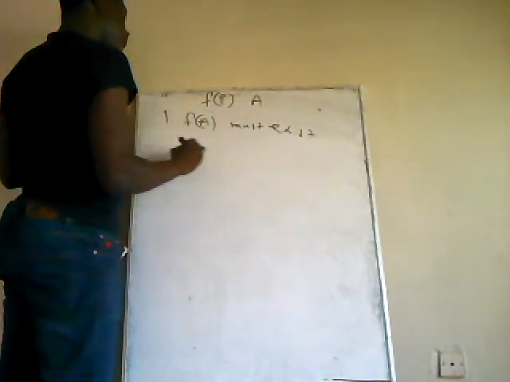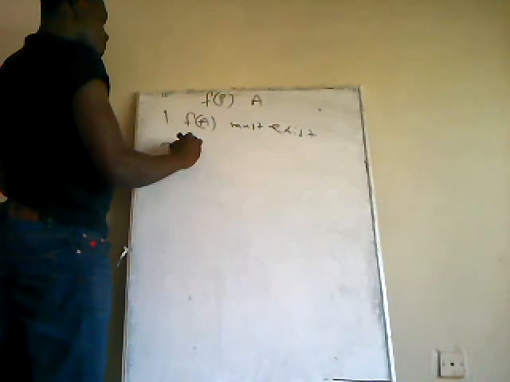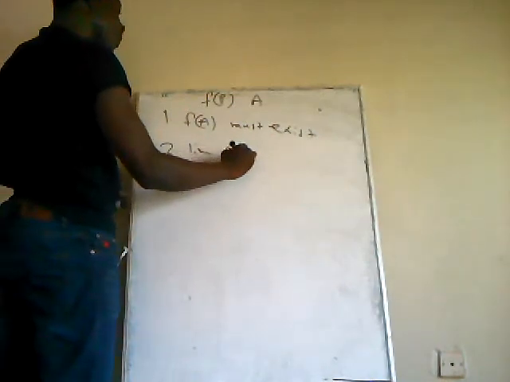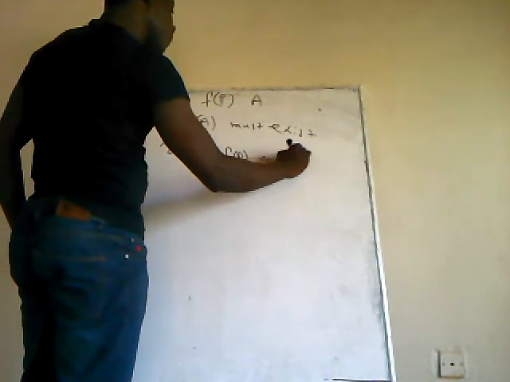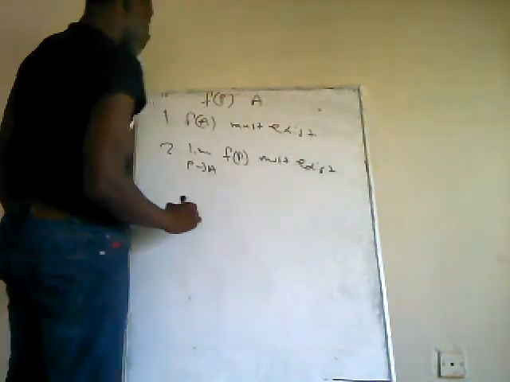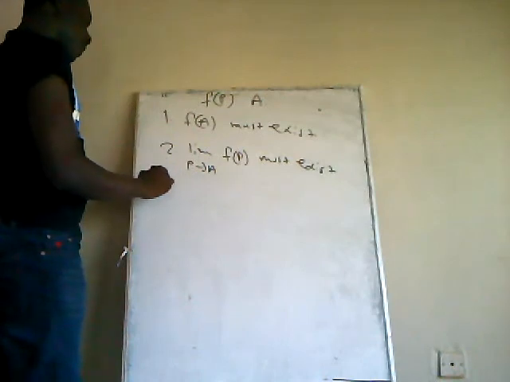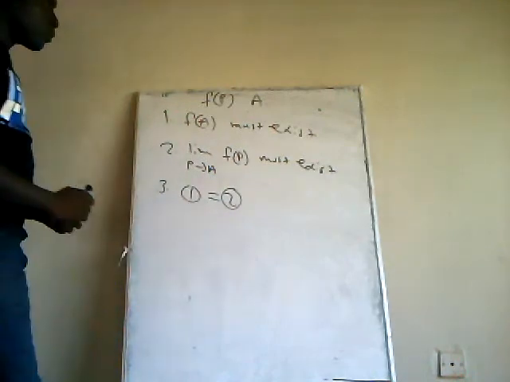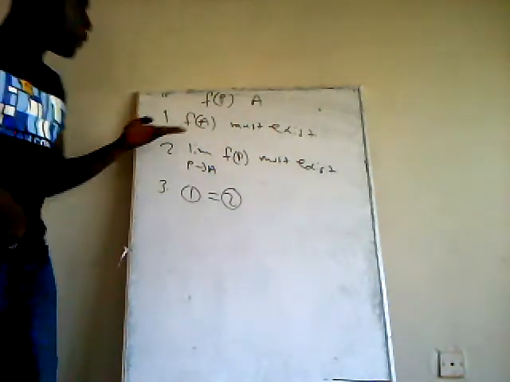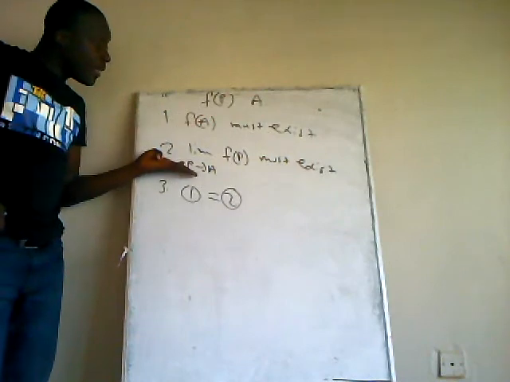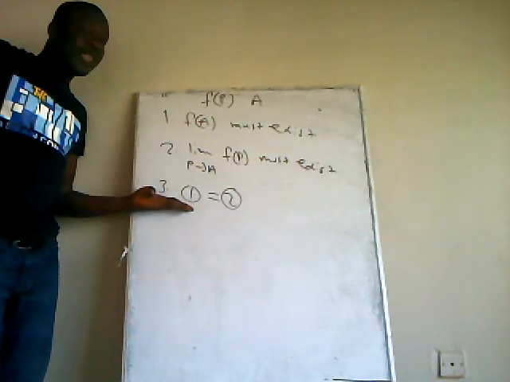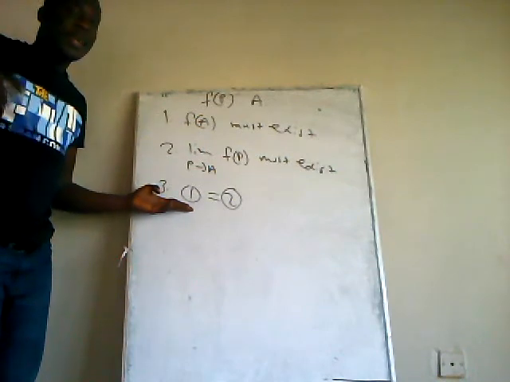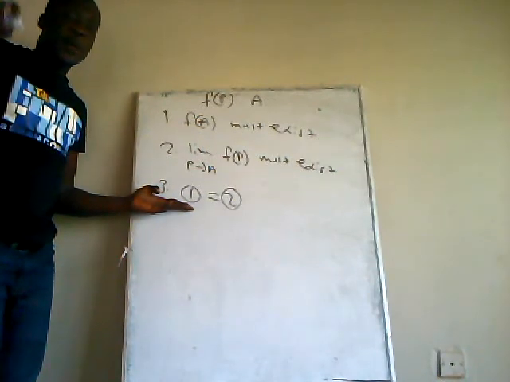2, the limit as p approaches A of f of p must also exist. And 3, the two must be equal, that is, 1 must be equal to 2. Now, if this exists and this exists and they are not equal, it is discontinuous, but we say that the discontinuity is removable.